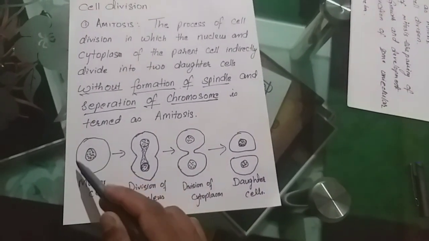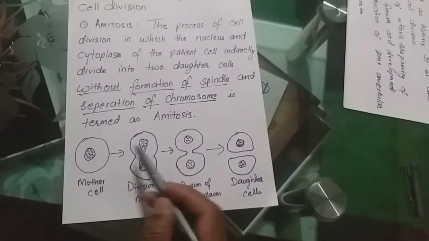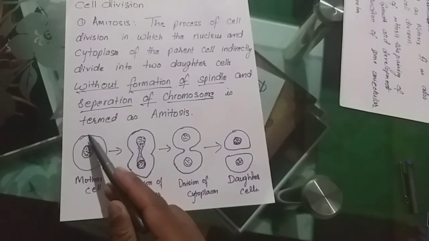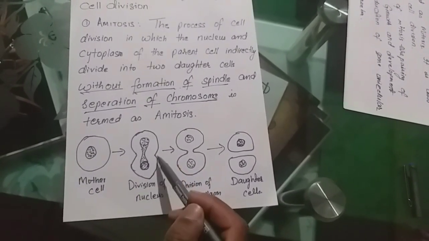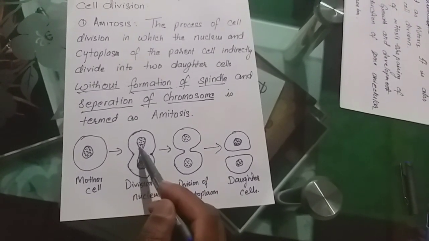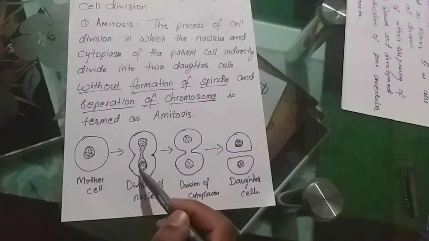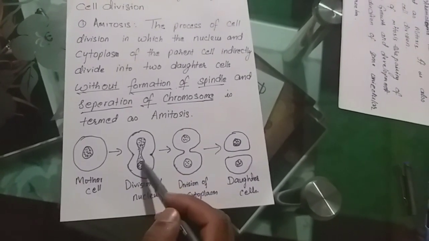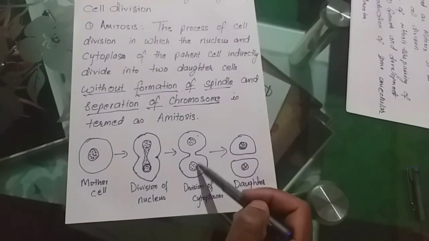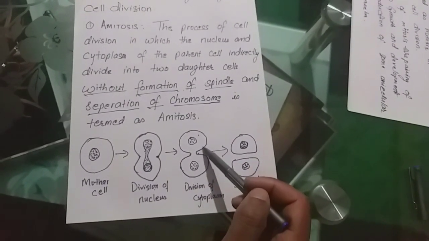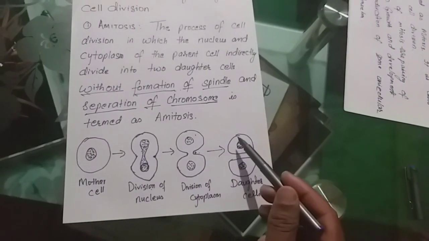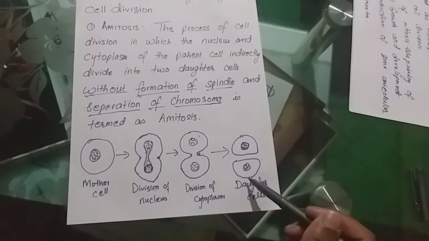You can see this is a mother cell. Now slowly the nucleus, the cytoplasm and the cell membrane elongate, and a cleavage occurs in between the cytoplasm, as well as the nucleus elongating, and after that division of the nucleus occurs, and there are two separate nuclei inside one cell, as well as the cytoplasm has also increased, and finally two new daughter cells are formed.